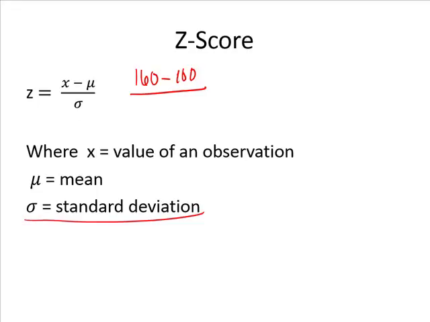Let's just Google one and see what Google says. Standard deviation of IQ scores. 15.